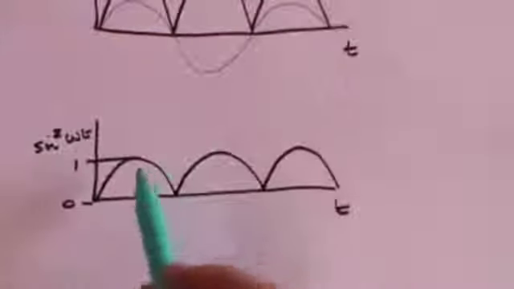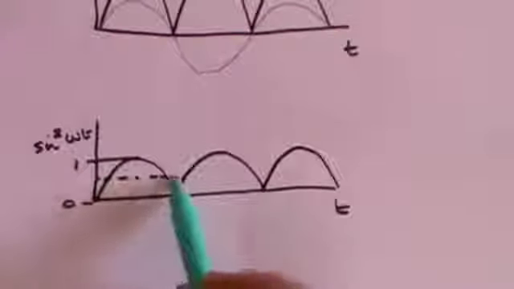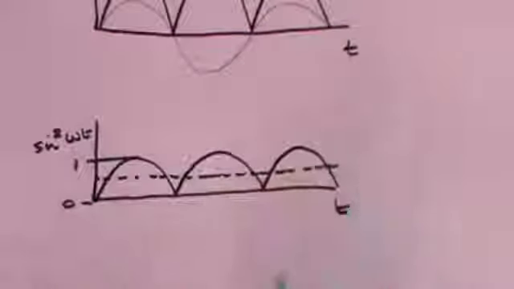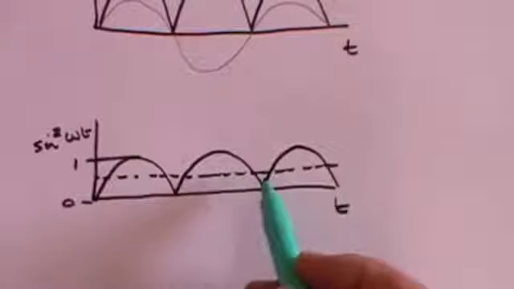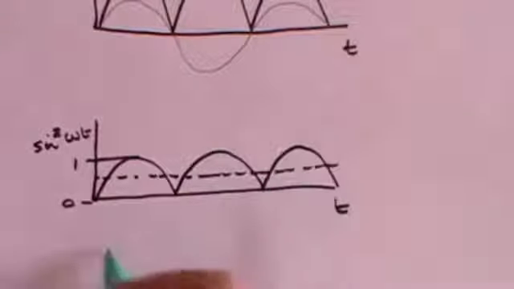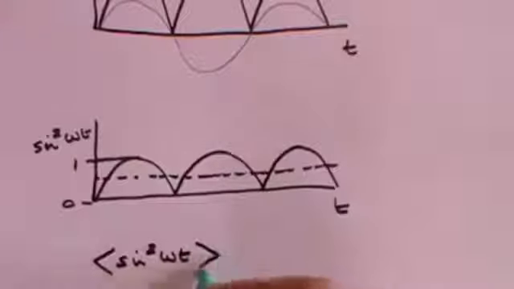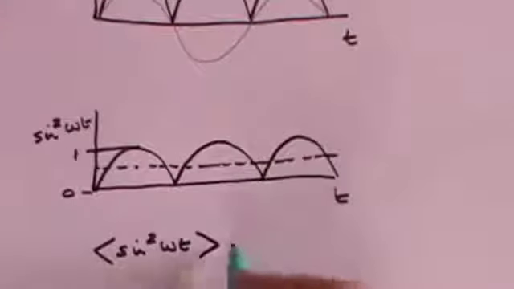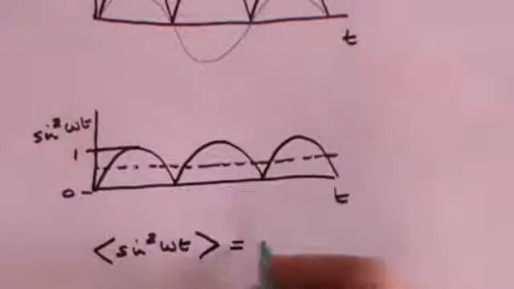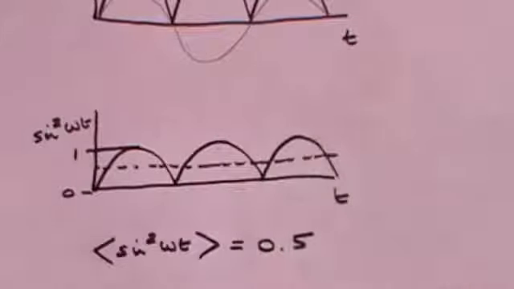And what we want to know is, what is the average value of sine squared omega t over the entire cycle? And the answer is that the average, which we depict by these angle brackets, the average of sine squared omega t over the entire cycle is exactly 1/2.